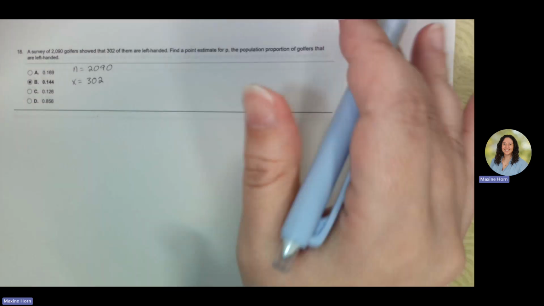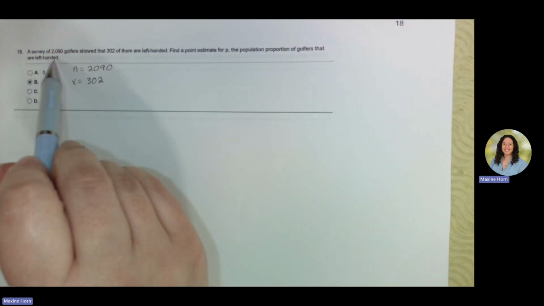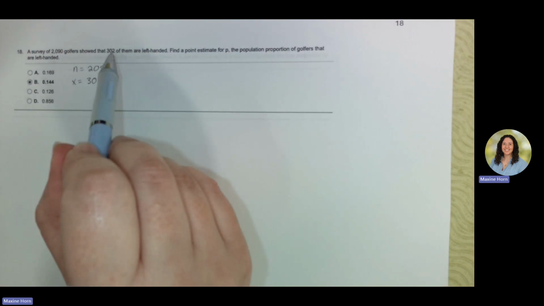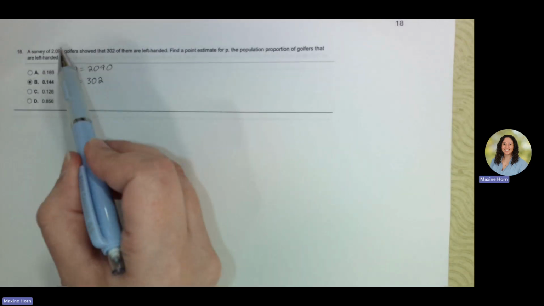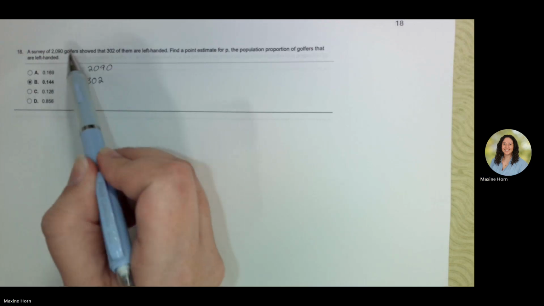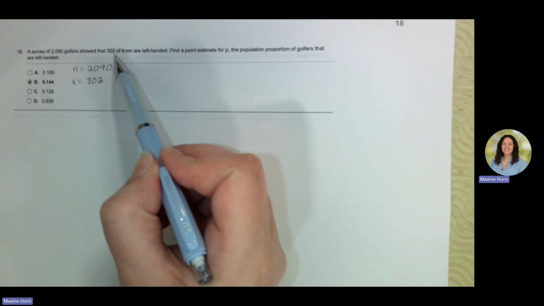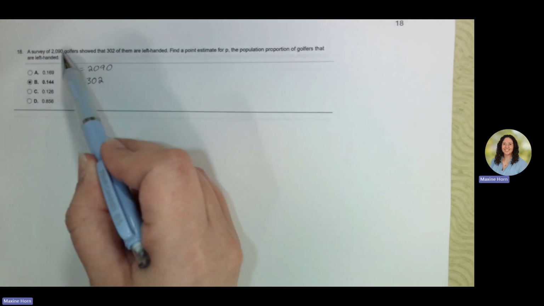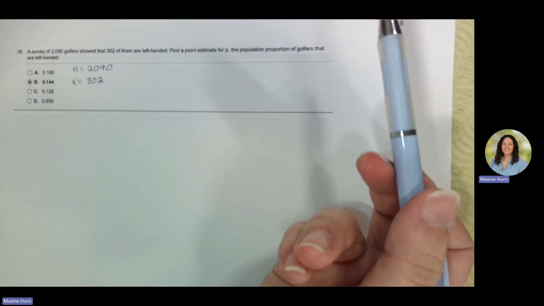Now, just a side note here, if they had said right-handed, then you would just take the complement of that. If all 2,090 are either left or right-handed, and 302 of them are left, we would do 302 subtracted from 2090. That would give us how many of them are right-handed.